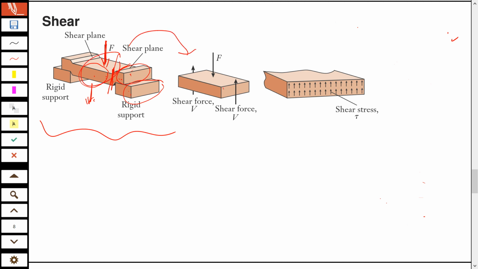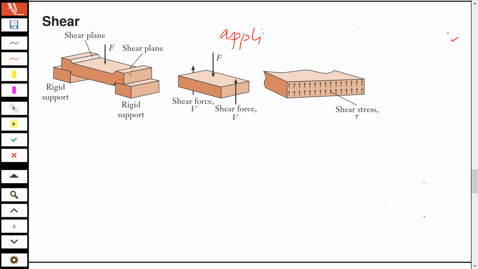Parallel to that area you will have this opposing force from the support, which we call the reactive force. So do you agree with me that we have three external forces? One applied force. I am now focusing on only this part, a free body. So this is the applied force and these two are reactive forces.